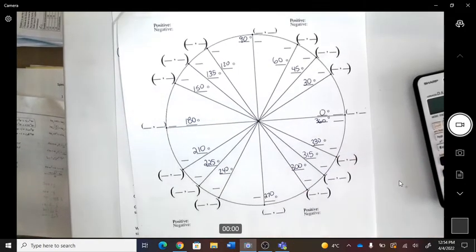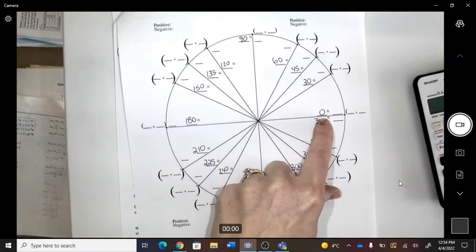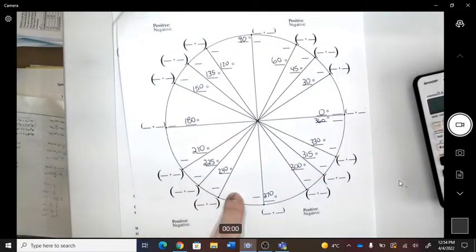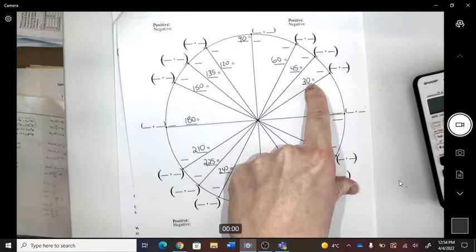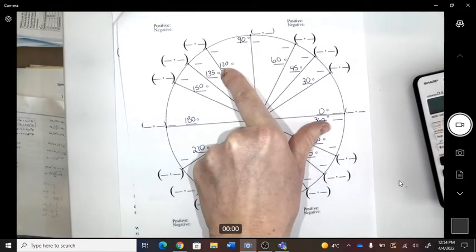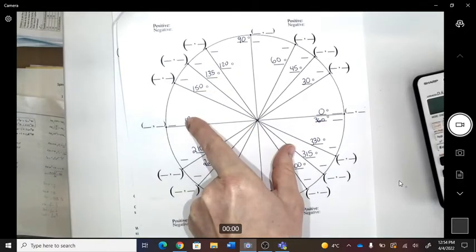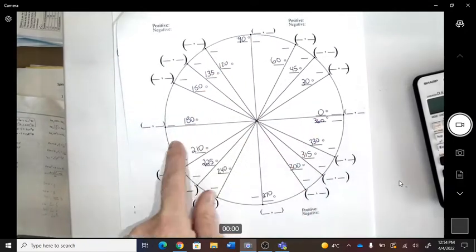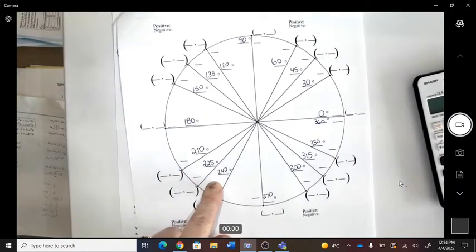I taught you that way because when we get to grade 12, we're going to do something way more complicated, and that's the process that I want you to know. Lots of you will probably just start going all the way around like this: 30, 45, 60, 90, and then 30, 15, 15, 30, 30, 15, 15, 30.